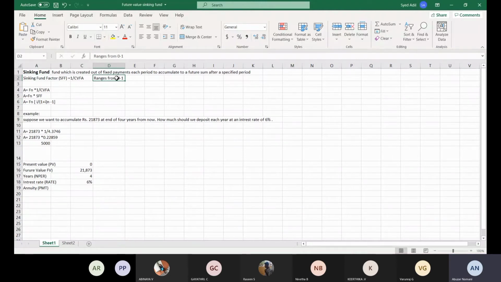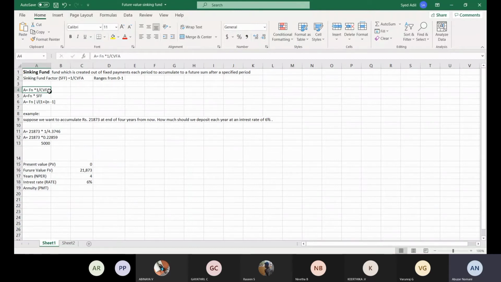Now, how can we compute this sinking fund? The formula is very simple. Here you can see the formula: the amount that we want to accumulate, like here 21,873, so the amount is equal to the future value times 1 upon CVFA, the compound value factor annuity.